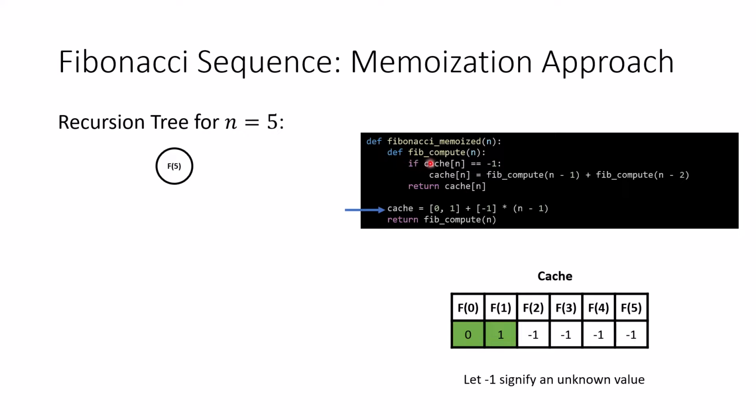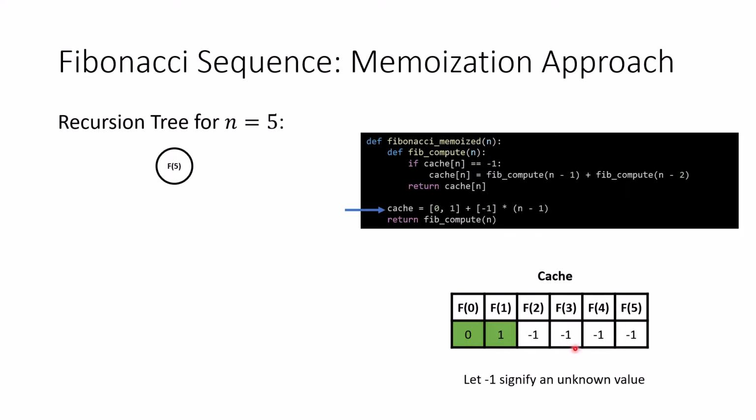And what does this if statement do? Well, this basically checks for the problem that I'm being asked to solve, so fib compute of n. Instead of just going through the recursion immediately, I'm first going to check, have I already tabulated that in my cache right over here? So I'm going to initialize all of the unknown problems, at the very beginning of this algorithm, to, let's say, just -1, because I'm confident that there's no way that any of the solutions to my problems will ever be negative, right?